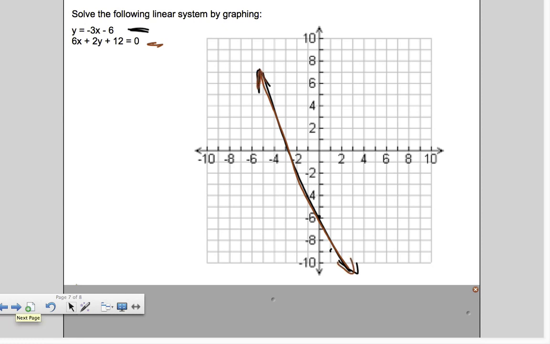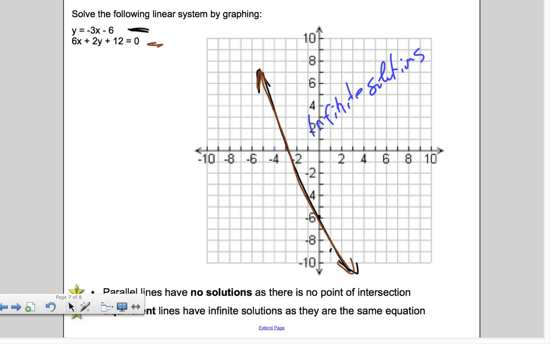So any point is an intersection. Basically we have two of the same lines, two equations. So this has infinite solutions. This is the point you need to write.